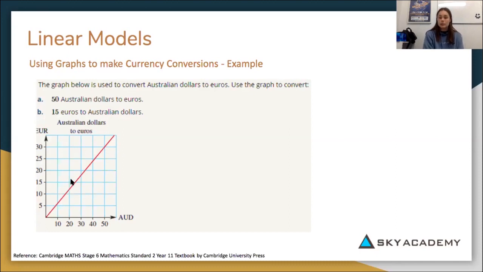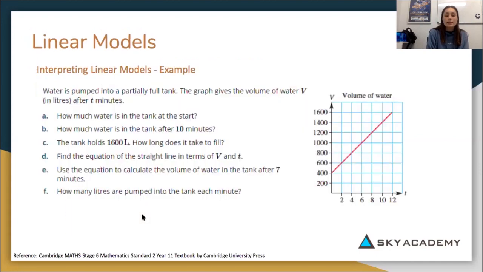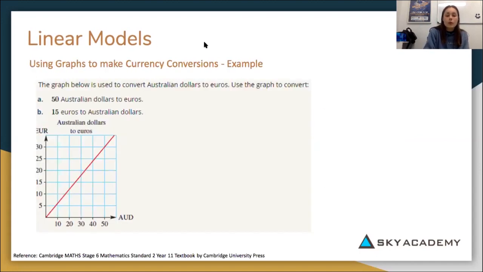On our x-axis, we have AUD, which is Australian dollars. On the y-axis, we have euros. And so this graph is modeling the conversion rate between Australian dollars and euros.